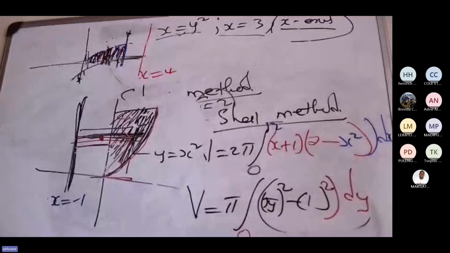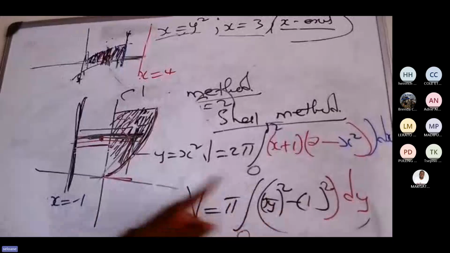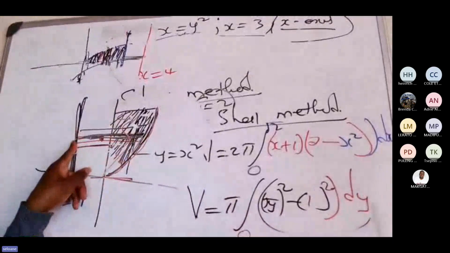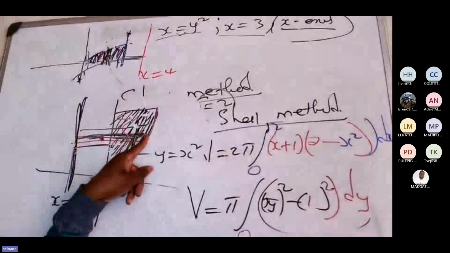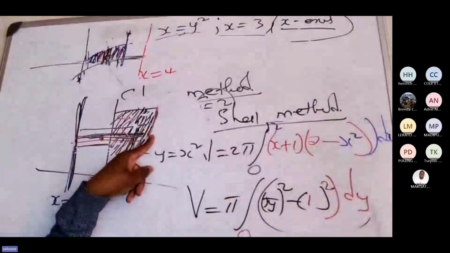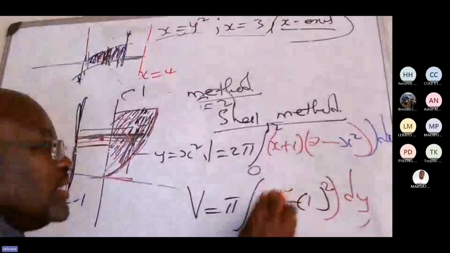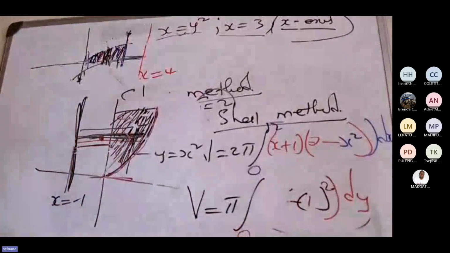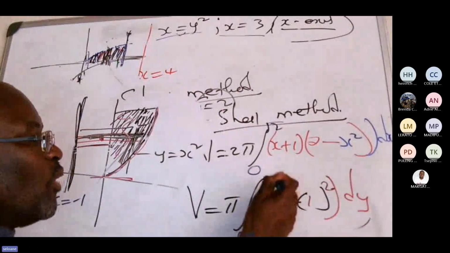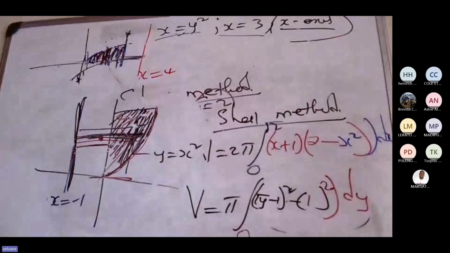This is wrong, yes, because it must be the distance from here up to here. So x here is the square root of y. Then it must be the square root of y minus -1. Then it will be the square root of y plus 1, all squared. It will be this.